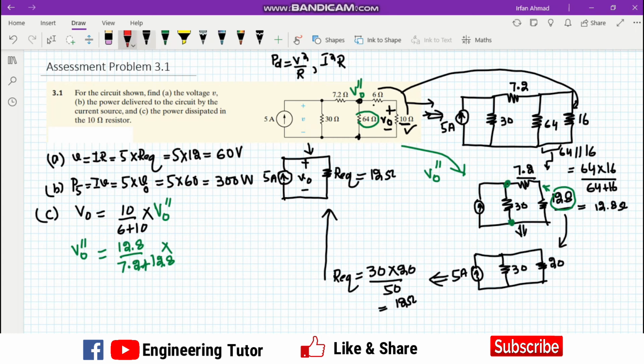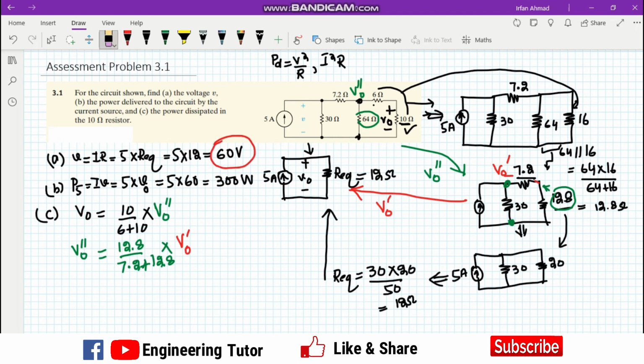So the voltage here, let me call it V naught prime. So V naught prime is not known. Do we know the value of V naught prime? Yes, we have calculated it already, because when we found the equivalent of all of these three resistors which we went through here, this is V naught prime, and we know the value of this V naught prime, which is this small V naught, and we have already calculated it, that is 60 volts.